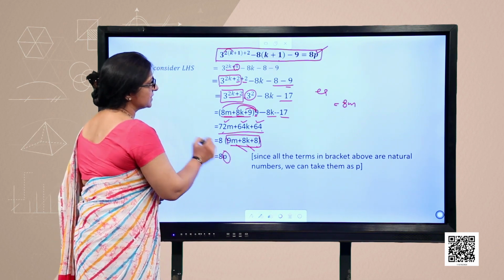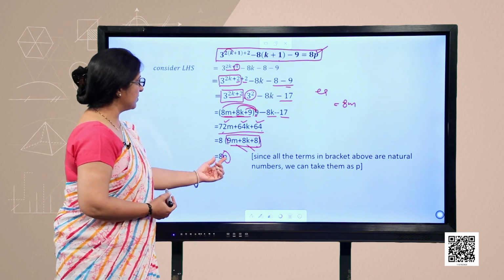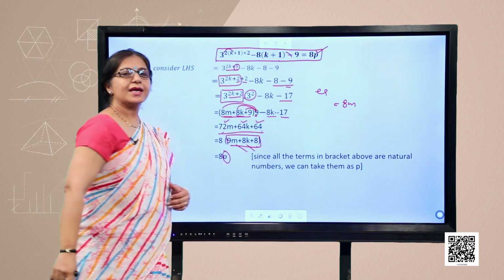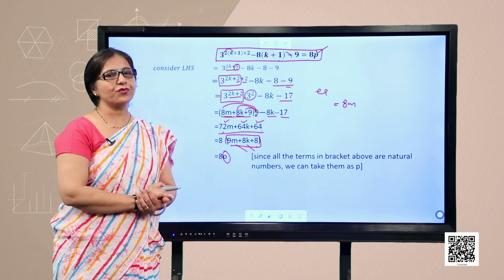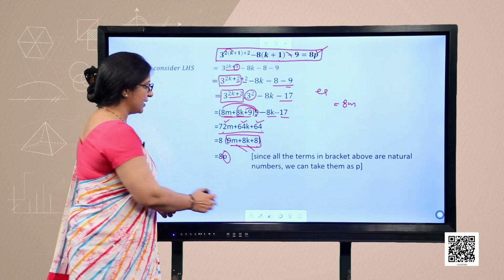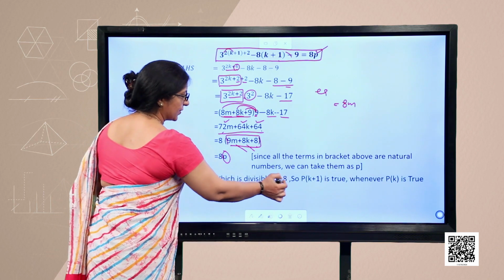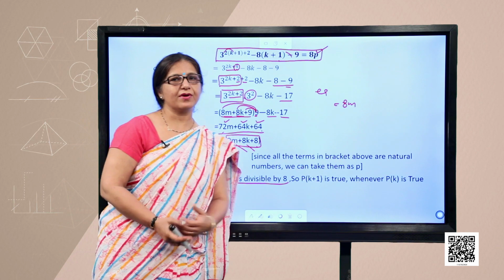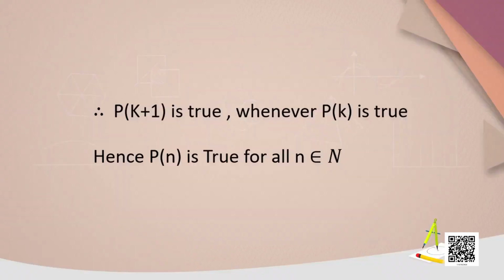So, this becomes 8p. 8p means this expression is divisible by 8, and hence it is proved that Pk plus 1 is true. Since it is divisible by 8, Pk plus 1 is true whenever Pk is true. So, therefore, Pn is true for all n belonging to natural numbers.